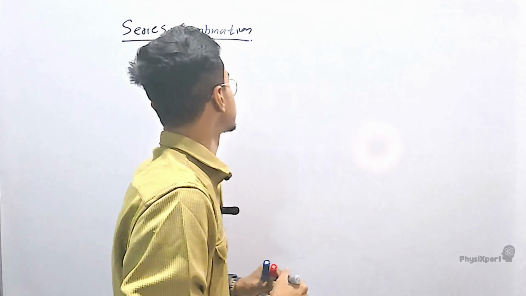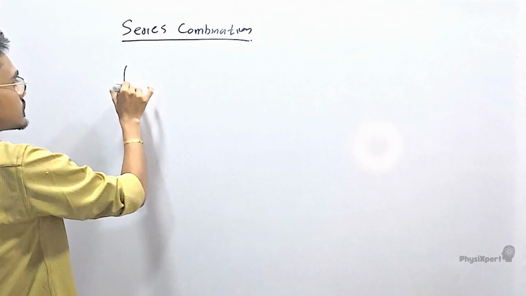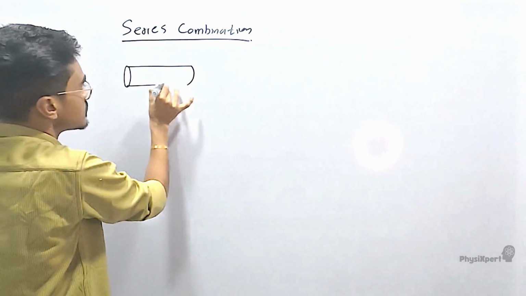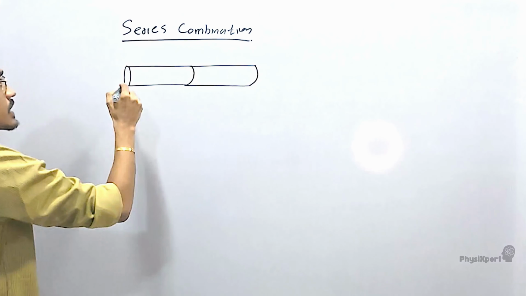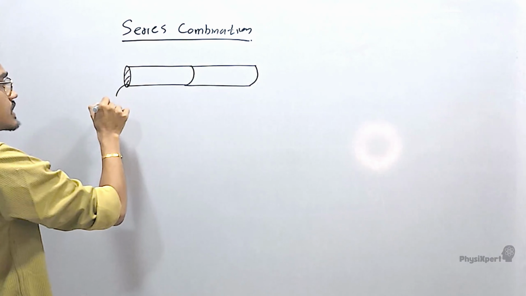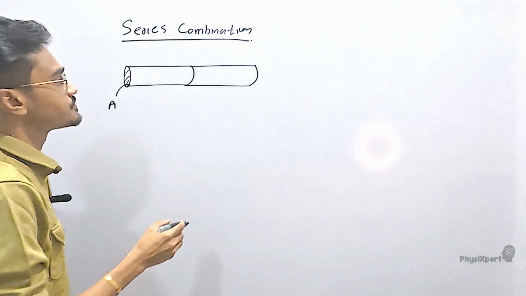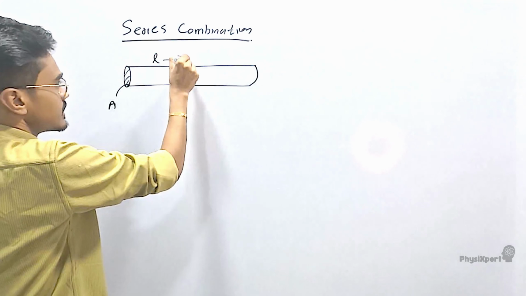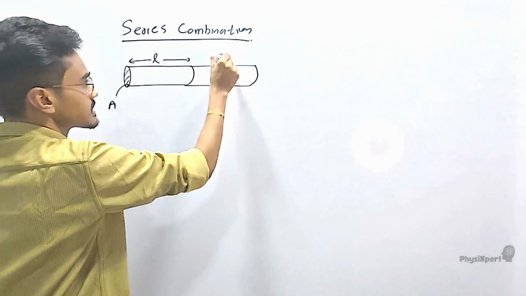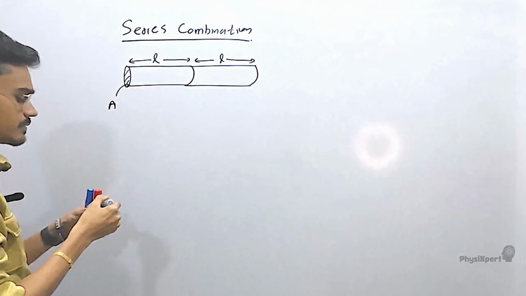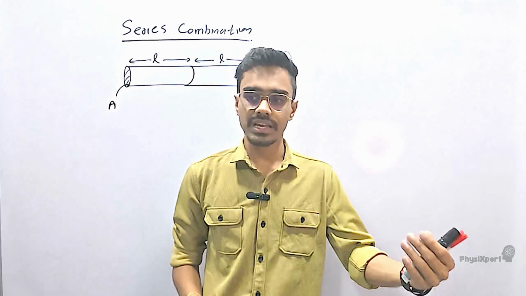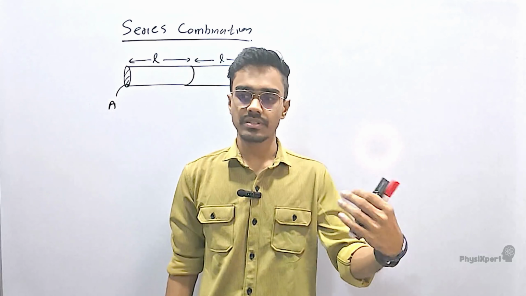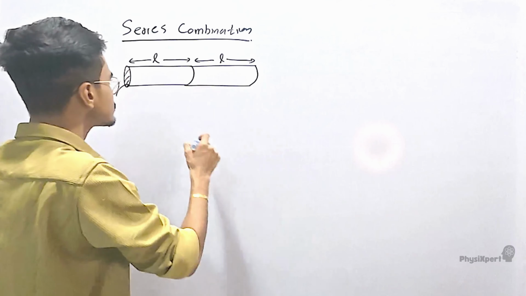Say I have two rods like this, and we'll consider their area as A and lengths as equal, L and L, for ease of calculation. Otherwise, if the lengths are different, you can still do the calculation and get an answer.